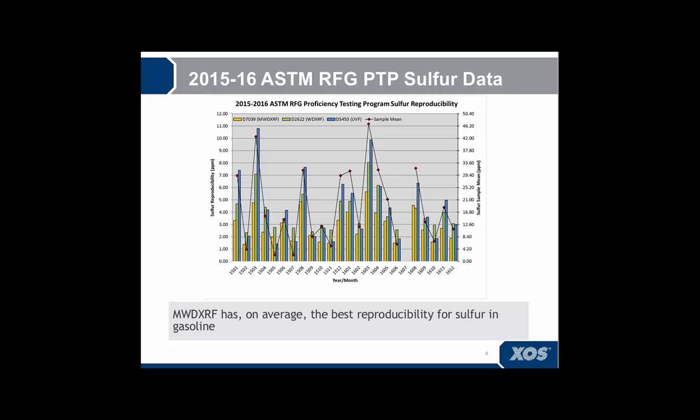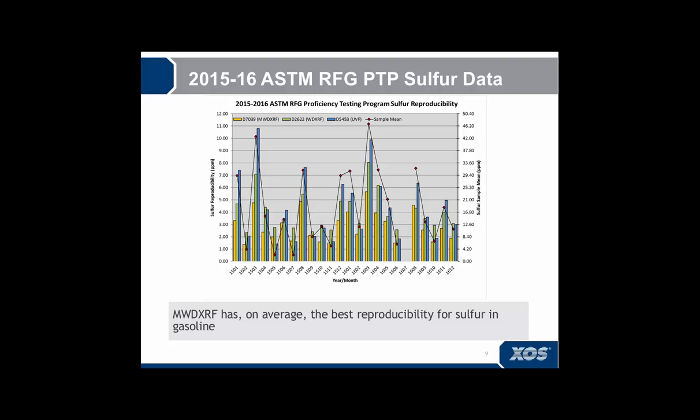And so therefore, if you look at the first set of data points, 1501, that would be January 2015, the sulfur content was approximately 29.4 ppm. Next, you'll see that there are a series of colored bars.